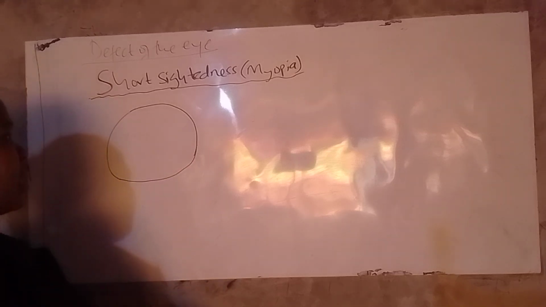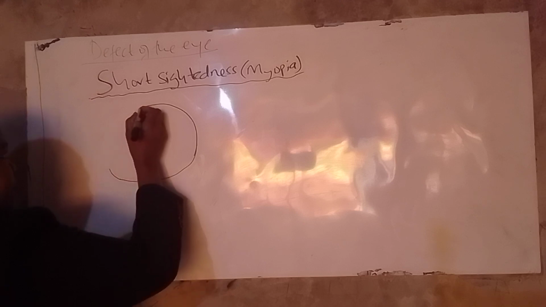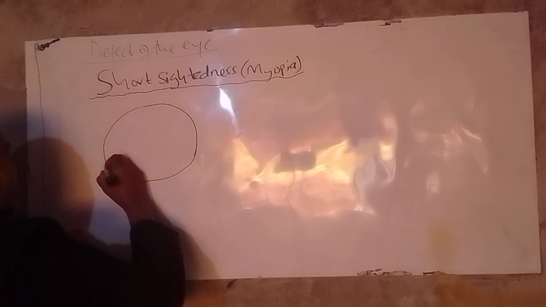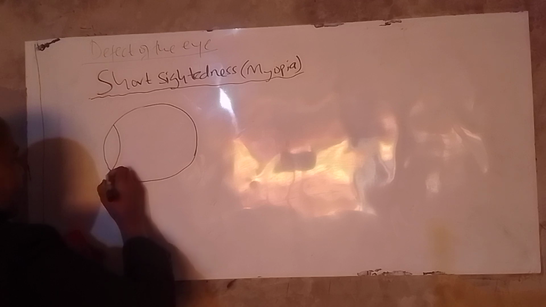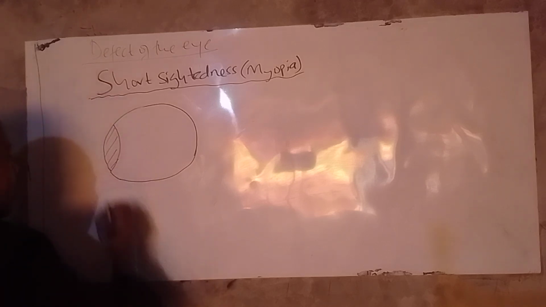Let's say that is an eye with no defect. This is the cornea, the front of the eye.